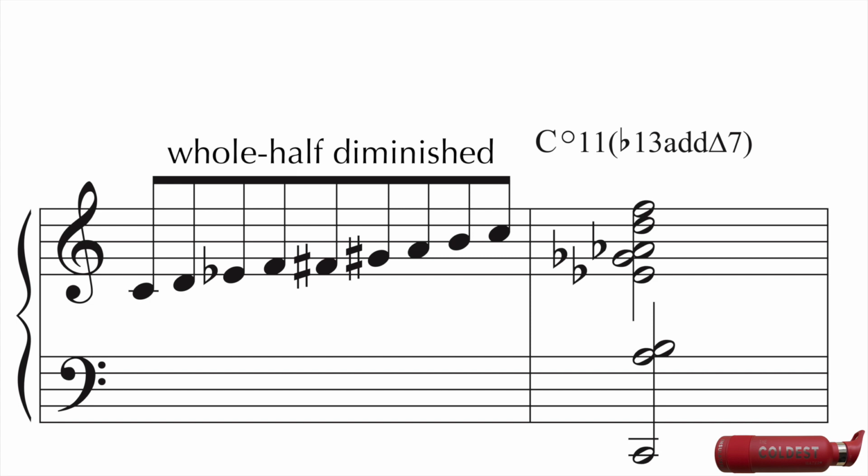The whole half diminished scale contains all the tones of a fully diminished 11 flat 13 add major 7 chord, which is identical to a diminished major 11 flat 13 add 6 chord. And as we saw earlier, we can abbreviate this chord as simply a fully diminished 13 chord.